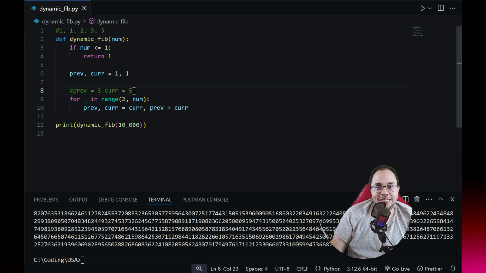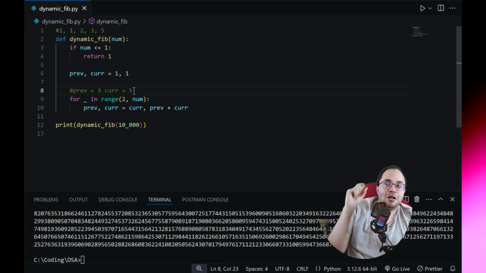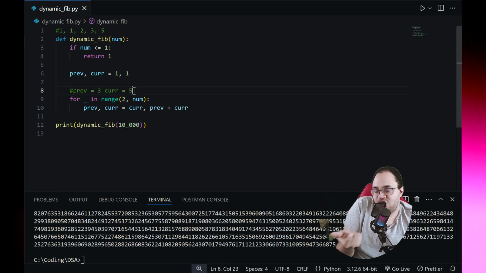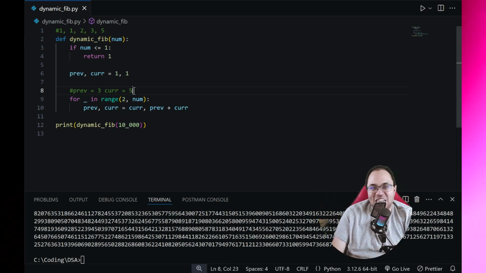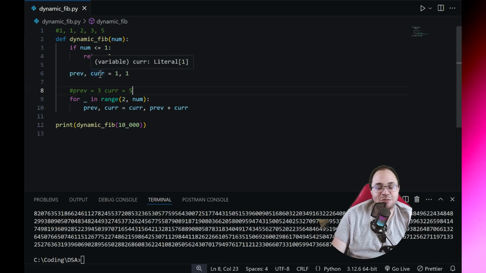Remember, we're looking at, as the number grows bigger and bigger, is there much change overall? And the change in memory is not going to be that much. I basically just have two variables. They'll get negligibly bigger as Fibonacci gets bigger, and that's about it. All right. So in this case, we sort of approximate that to constant.